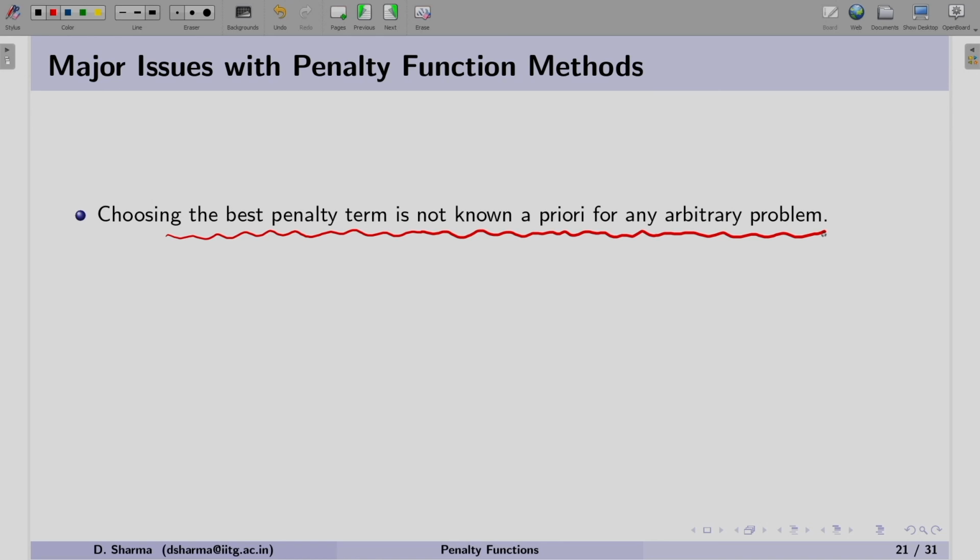A parameter which may be sufficient for problem 1 may be very large for problem 2 or very small for problem 3. So if we are working on an arbitrary problem, setting such a value sometimes may not help to find an optimum solution for the constrained optimization.